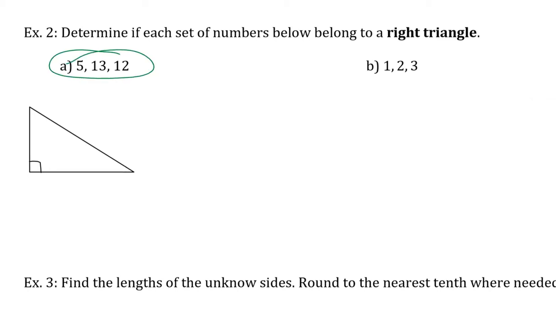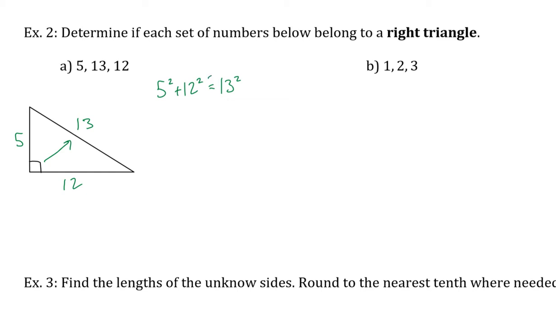When I look at these three numbers, how do I know where to put them? Well, 5 is the smallest, and that looks like 5. I know that across from the right angle has to be the biggest, so that's got to be 13. And then the last one has to be 12. And if it's a right triangle, that means 5 squared plus 12 squared, the two smaller ones, will have to add up to the third one.